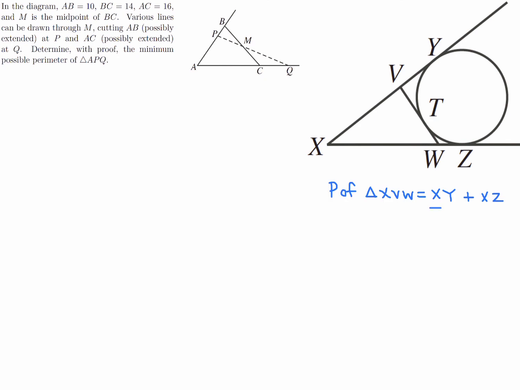It is equal to XY plus XZ, independent of where T is. Correct? We just did that. So now we've been given this situation here, where it seems like it's exactly the same in the sense that instead of XVW, we've got ABC, like that. But the only difference is now they've thrown in this PQ.